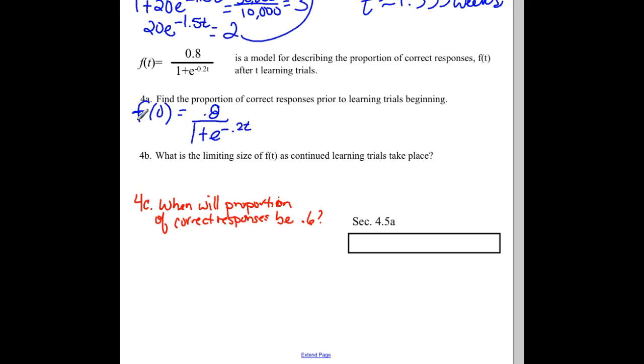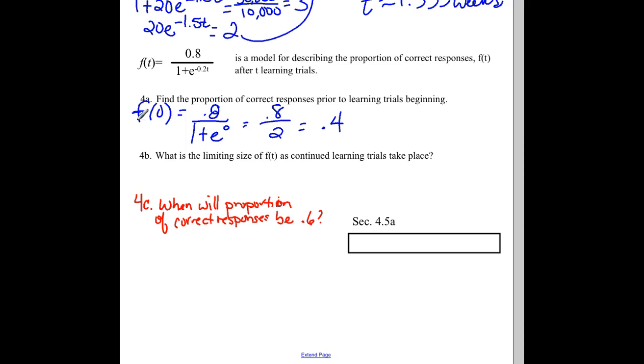So what's negative 0.2 times 0? That's e to the 0, right? And e to the 0 is 1. So 1 plus 1 on the bottom, we have 0.8 divided by 2. So 0.4 is the proportion of correct responses before they start trying to teach it to you.